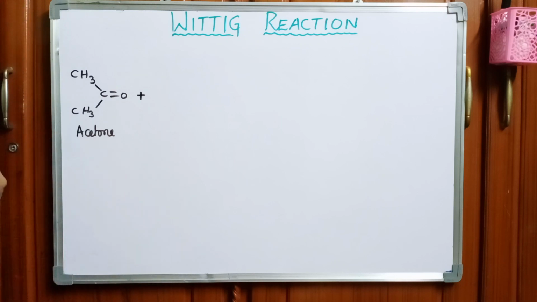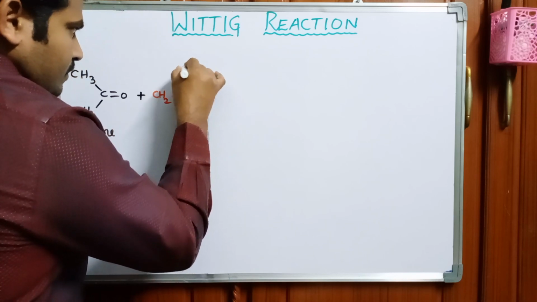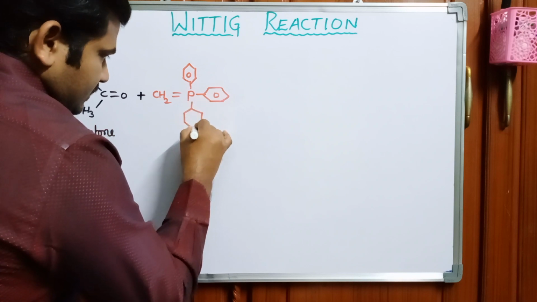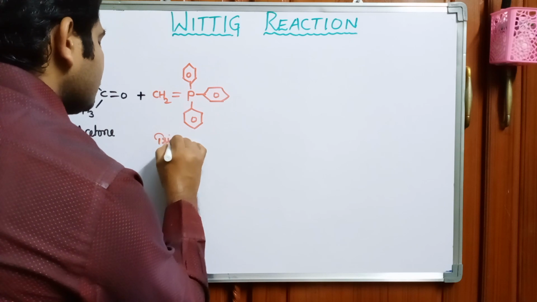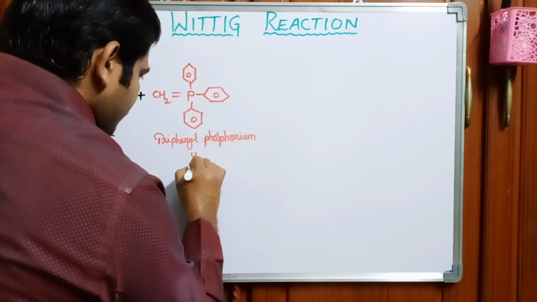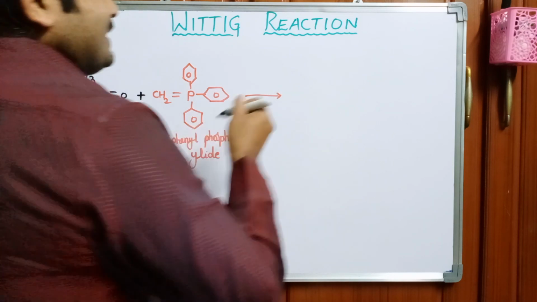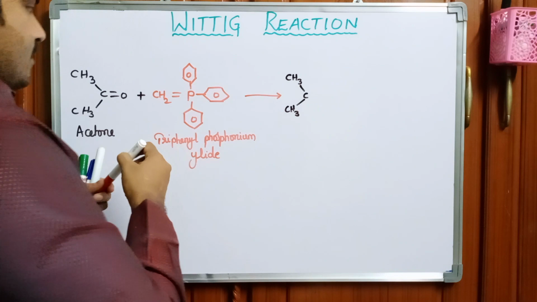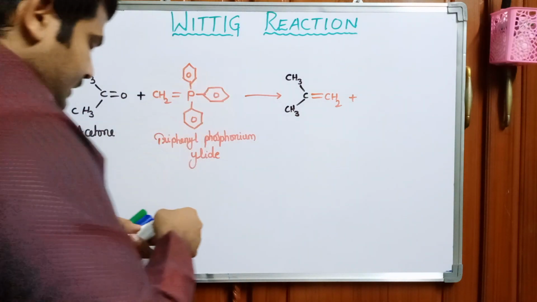Acetone in the presence of phosphorus ylide, a triphenyl substituted phosphonium ylide, triphenyl phosphonium ylide, produces an alkene and the oxide form of triphenyl phosphorus.